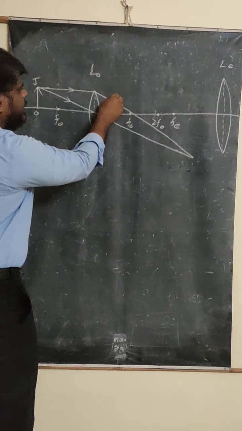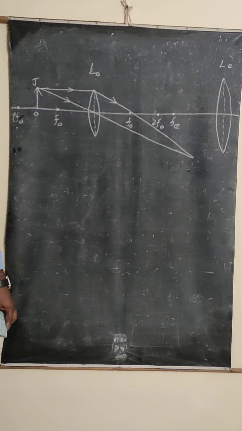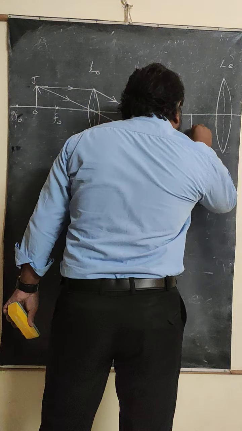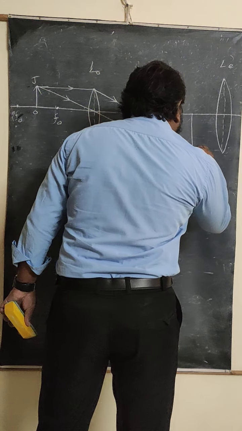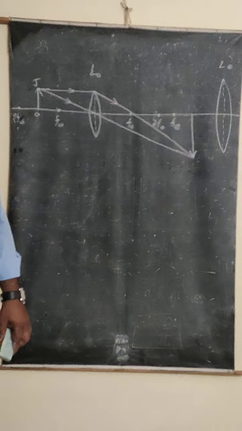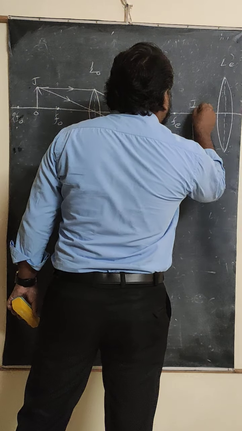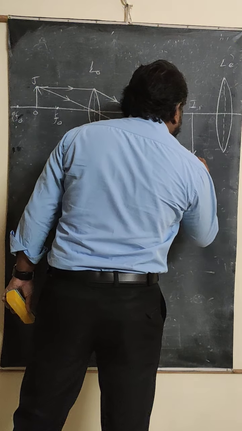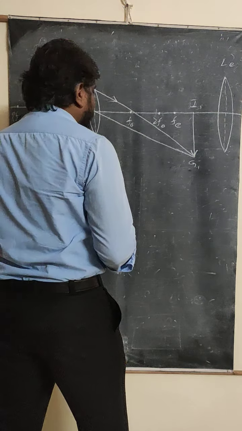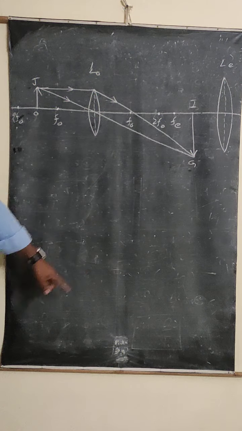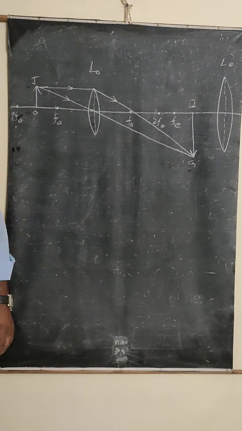That means the two rays are concentrating at this place, and here you are going to get the final image. This image can be represented by IG. Here IG is going to be produced.